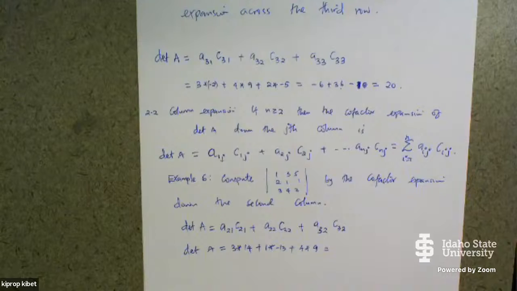So this is A21, right? And then multiplied by C21. 2, 1, 2, A22, which is this, multiplied by C22, which we get by getting the cofactor. And then finally, A32 multiplied by C32.